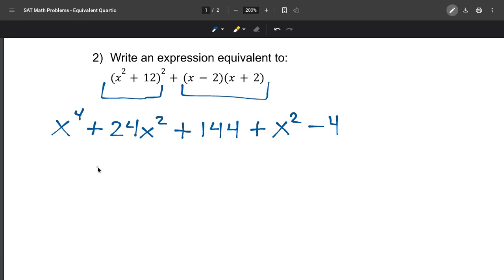All right, combining like terms, we're going to have x to the fourth plus 25x squared, because I combine this one and this one, and then 144 minus 4 is going to be plus 140.